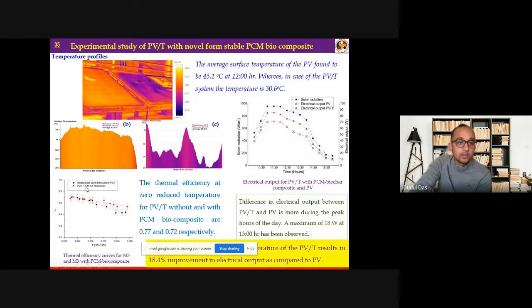But when we use the PCM biocomposite along with the rectangular spiral PVT, shown by the red marks, we can see there is not much drastic change. That means in this region, the heat stored by the PCM starts releasing, and the water starts collecting the energy that is stored in the PCM biocomposite.